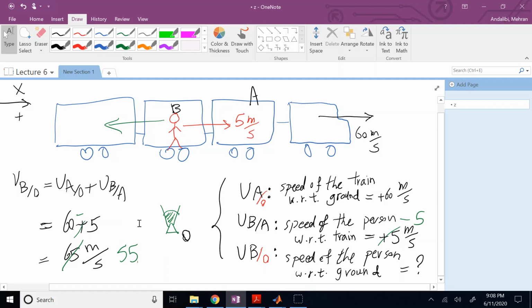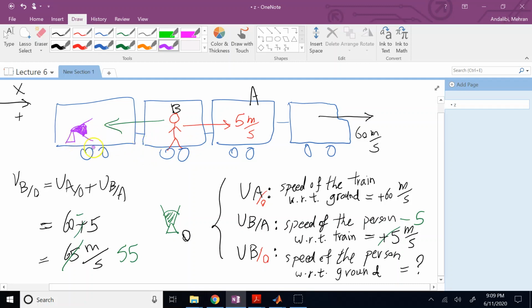So you see, this simple example shows you that different references would measure the speed of the same particle or object differently. Like if I had a camera here on this train, or a radar, how much would that radar measure the speed of the person? Clearly, it would measure it as 5, right? Because that camera has the same speed as the person does due to the train.